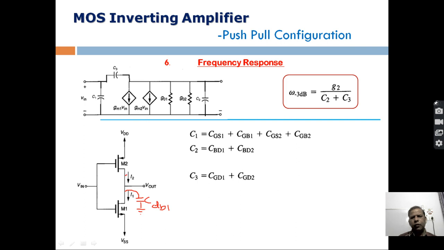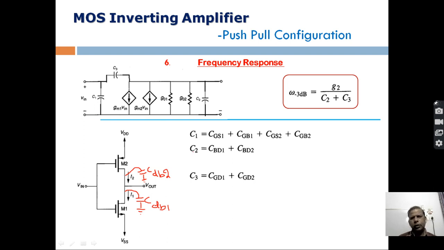So here again we have one capacitive component, and that capacitive component is again the drain bulk capacitance of this second device. So you can see that no other capacitive components are connected between this output terminal and ground in this particular case.